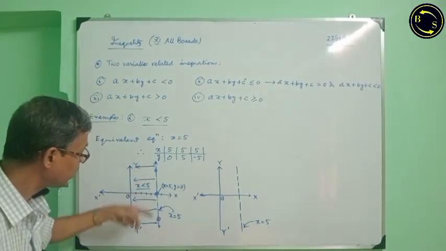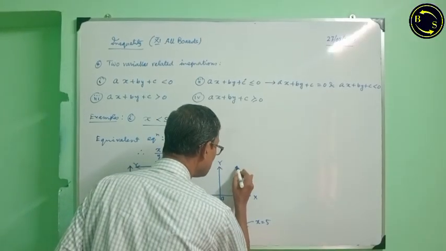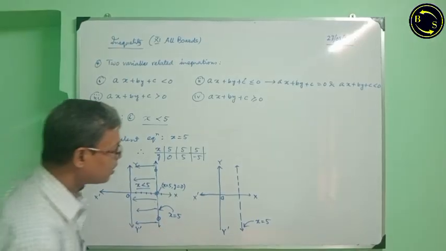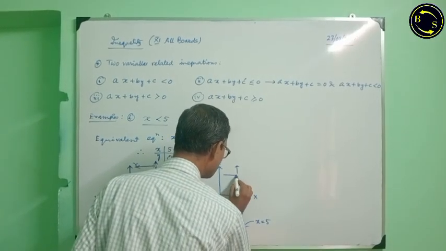If this straight line representing x equal to 5 is drawn like this, as a broken line, you see, then x less than 5 is represented like this.